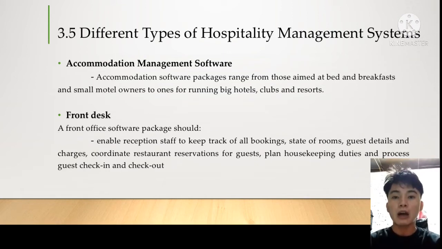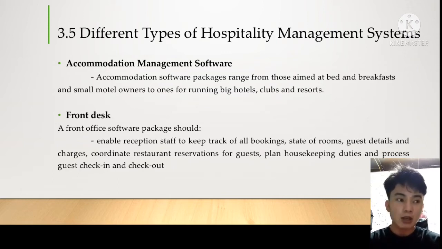Also, it helps to input the charges of the guest to the system in the front desk. So, front office software, yeah. It also helps to process the guest check-ins and check-outs.